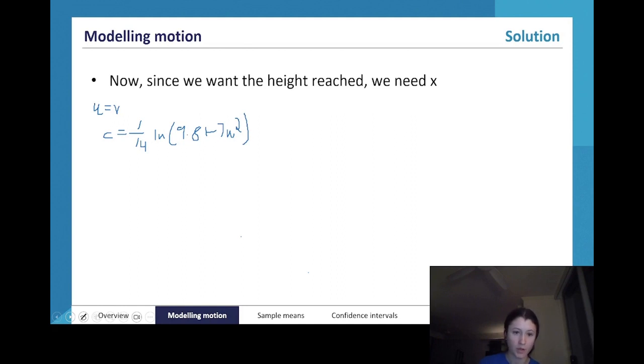Right? So subbing this into our original formula, this gives us that x is equal to negative 1 on 14 ln of 9.8 plus 7v squared, which is just the formula that we got before, then plus our new c value.